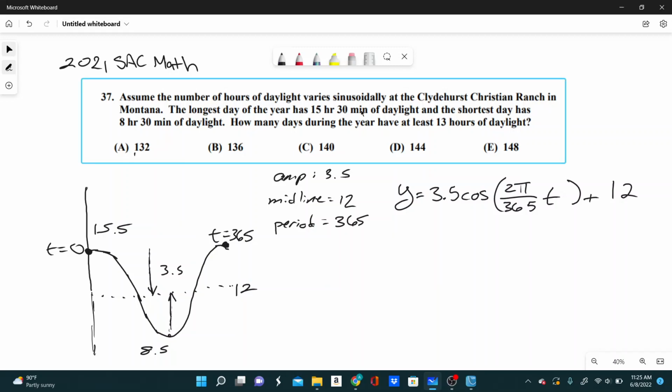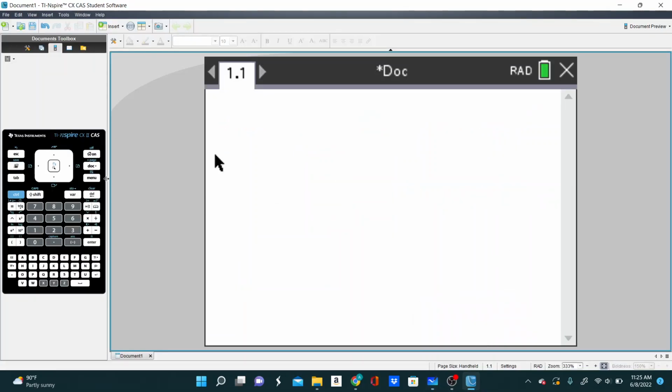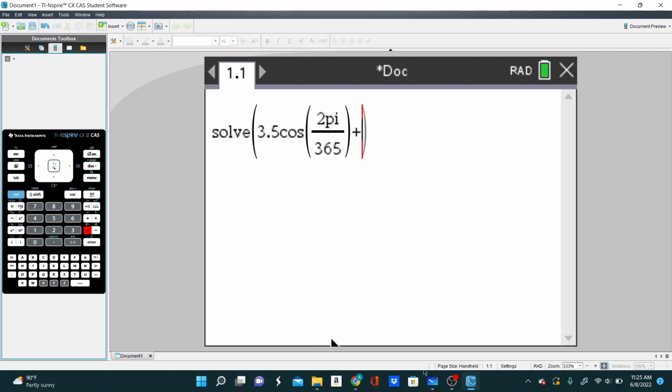I don't really want to solve that by hand. So I'm going to go in here and say 3.5 cosine of 2 pi over 365 plus 12 equals 13 hours.